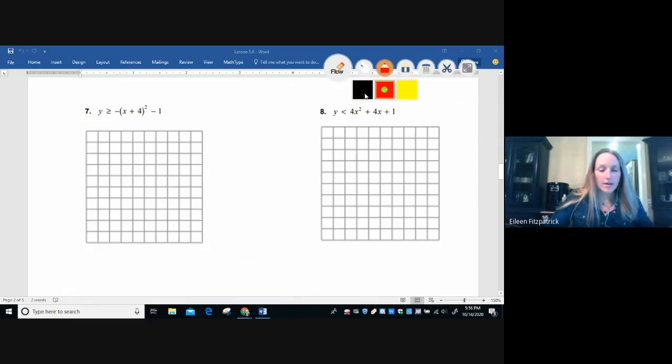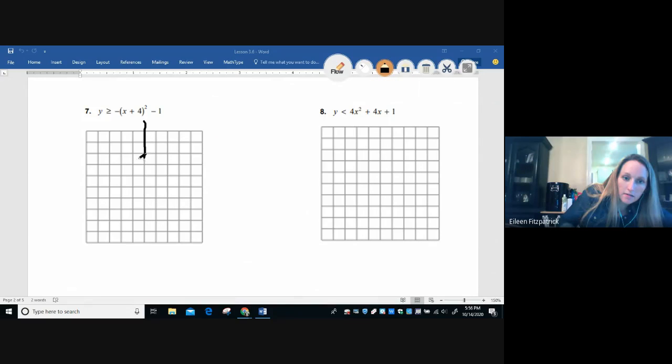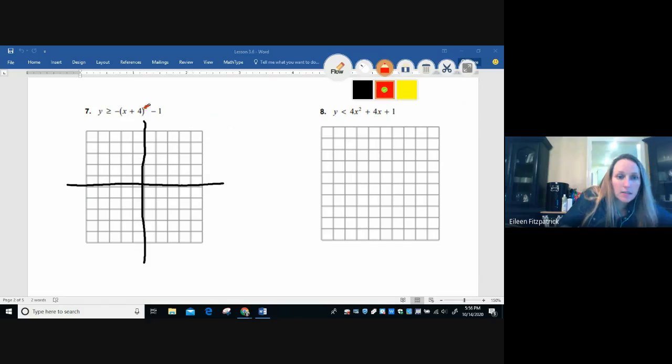All right, so my x and y axis again. Okay, this next one, h and k. My vertex is (-4, -1). Okay, so -4, and 1, 2, 3, 4, -1.